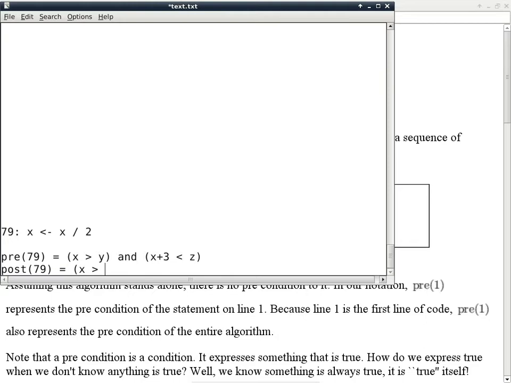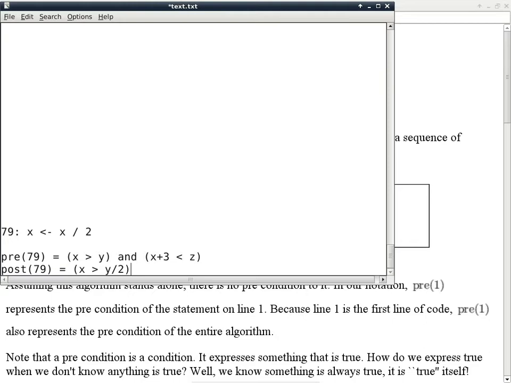So do you think this will work? Y divided by 2. Does that work? Yeah, because I just divided the value of x by 2. So if I compare the value of x to y divided by 2, the relationship of greater than should still hold. Is that making any sense?